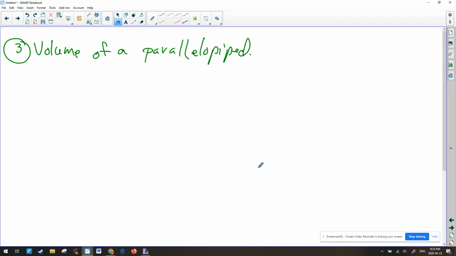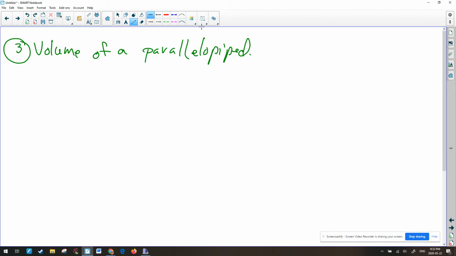Okay, so what we're going to do is I'm going to define a parallelepiped. A rectangular prism is also a parallelepiped, but it doesn't have to be nice like a rectangle. It doesn't have to have all right angles in the corners. In fact, the only definition is that the opposite faces are parallel and that they are the same shape and size.